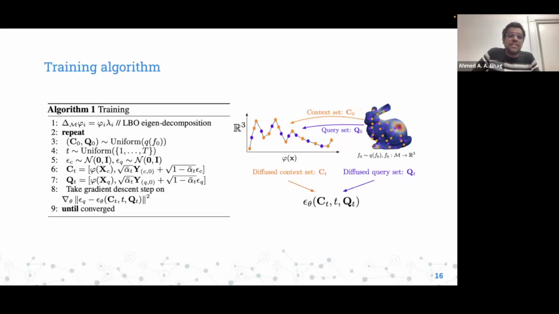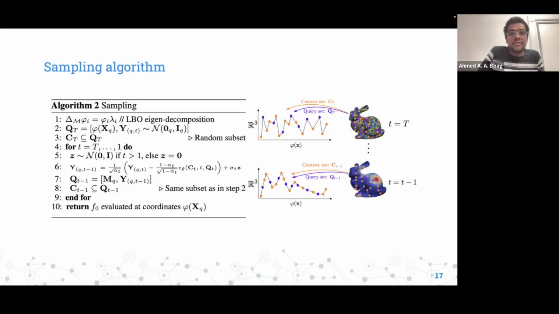So here is the training algorithm. You calculate your eigenvectors one time before training, and then you sample context and query pairs, and then you diffuse them. That is it. This is the same setting as the DDPM. What you do at inference is that you define your query set, and then you do the denoising on your query set.